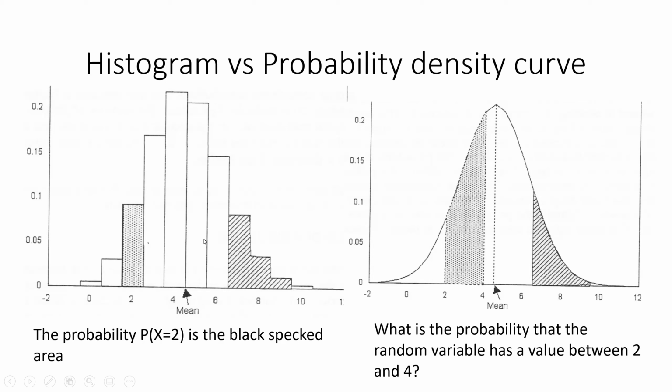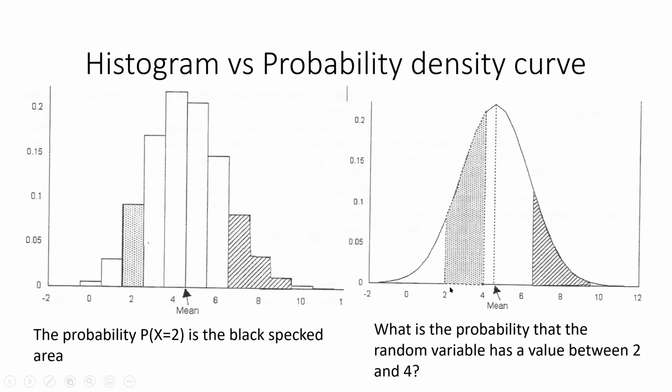Remember how in a previous unit, we were talking about how the area of the bar represents its probability. The same concept is going to apply here to continuous random variables, except let's discuss this. The probability of x equals 2 here, using this histogram, would equal the area of the bar above 2, right?